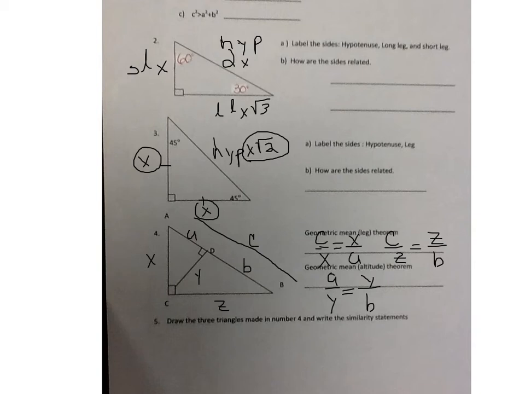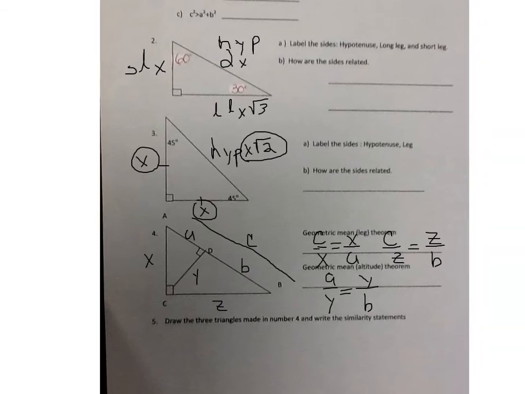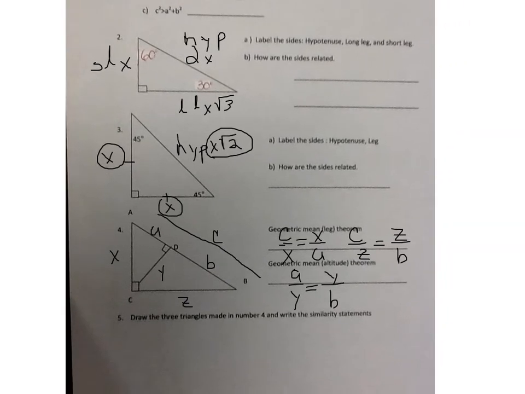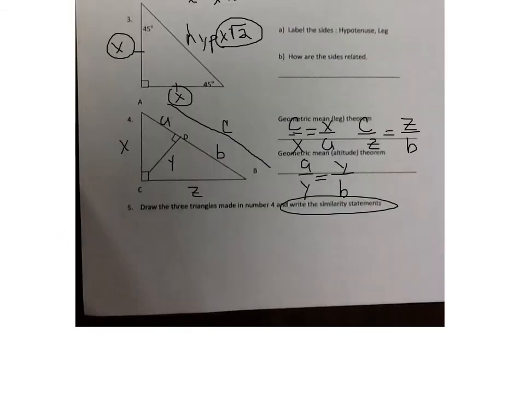The last question here asks us to please write the similarity statement for the three triangles that are similar. Okay, so using our diagram, I'm going to start with the large triangle ACB, and that's similar to the triangle up at the top here.